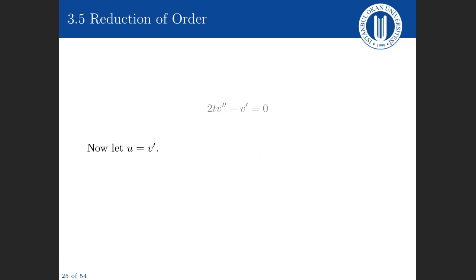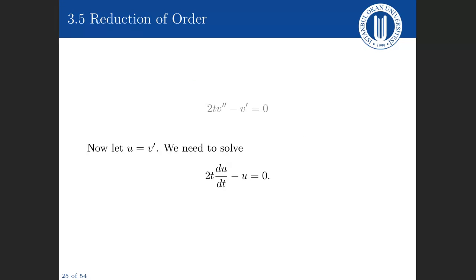Let me repeat this. We need to find a function v which satisfies 2t v double prime minus v prime is equal to 0. We make our substitution to turn this into a first order equation. We're going to substitute u for v prime.